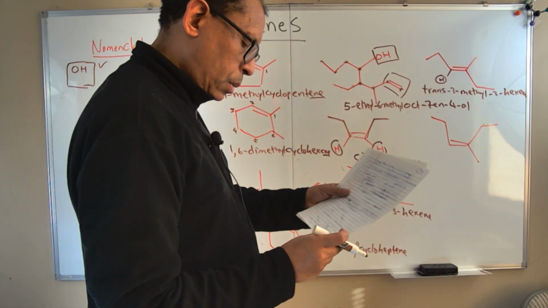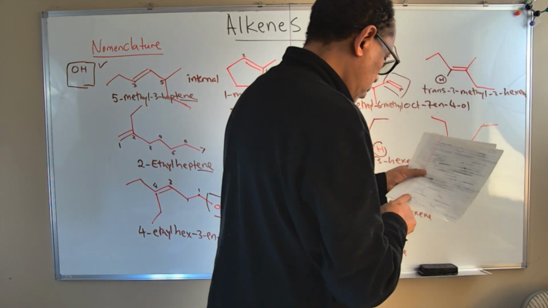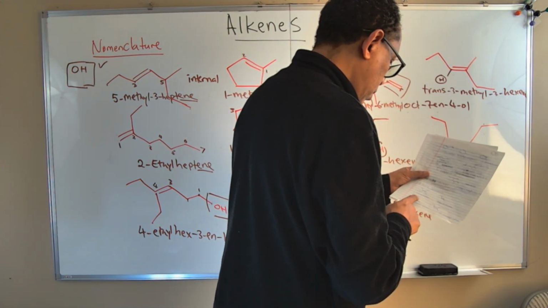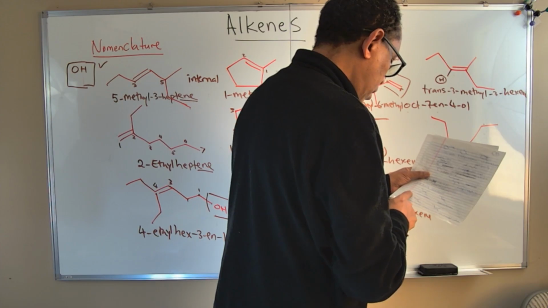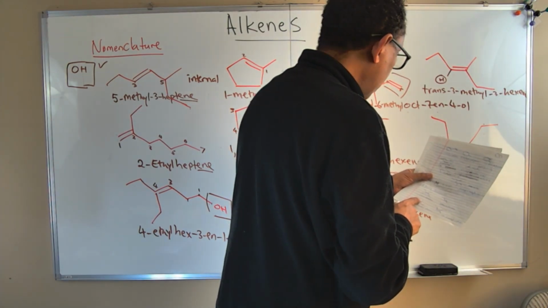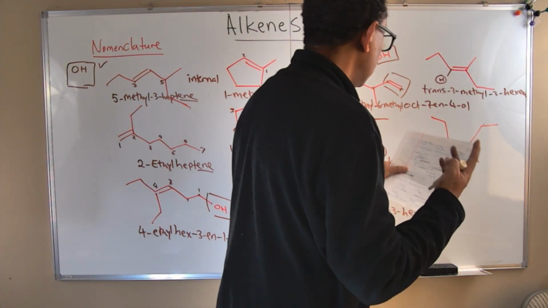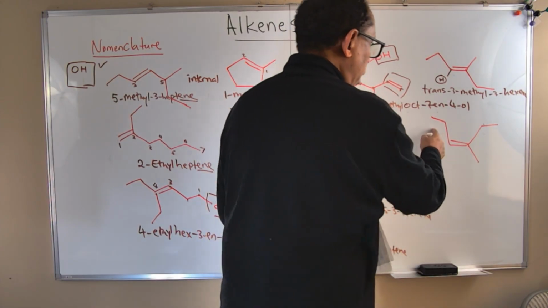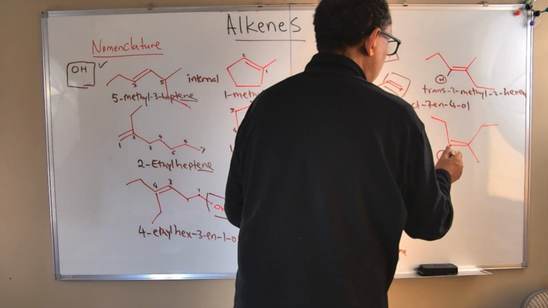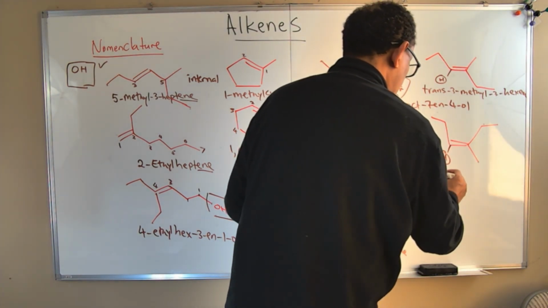Let me just double check here. 1, 2, 3, 4, 5, 6. At 3 position I have a methyl group, and at 3 position I have the double bond. So this is correct. Here I have both, this group is the smallest group down there, methyl group down there. This is the cis.